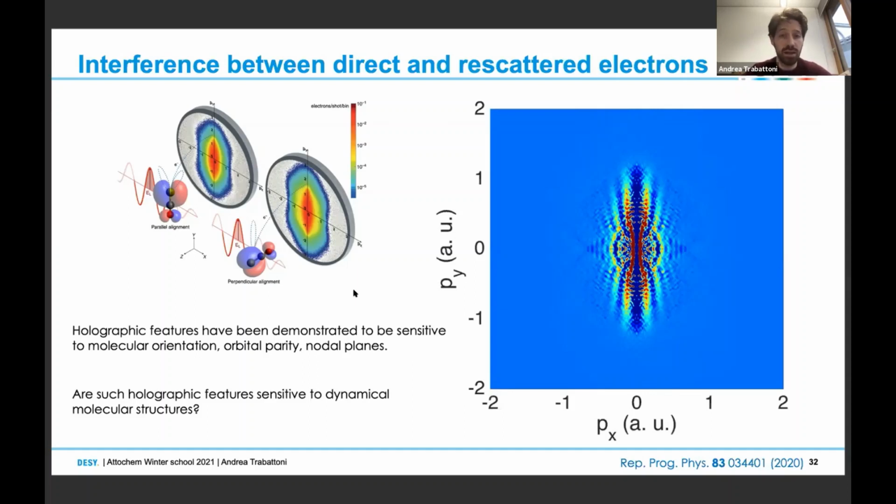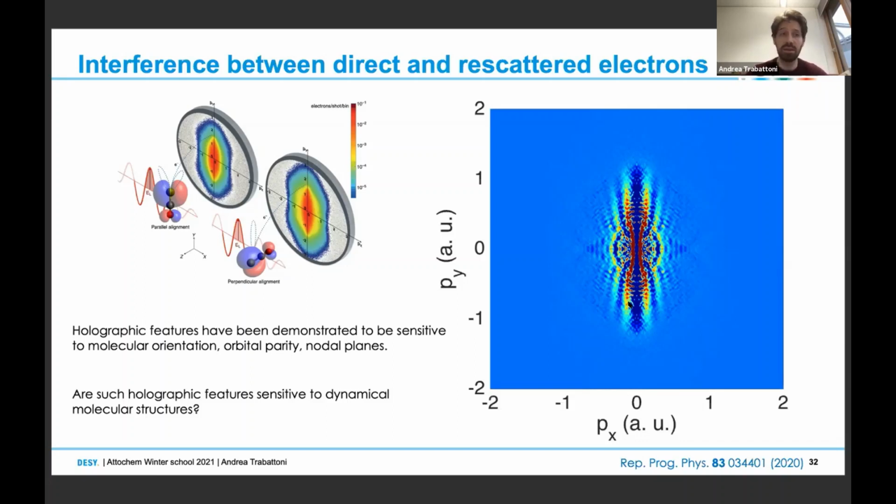And traditionally, in the last 10 years, it was considered that these features are weakly dependent on the target. So it is difficult from these features to extract some information about the molecule and even maybe the dynamical molecular structure.